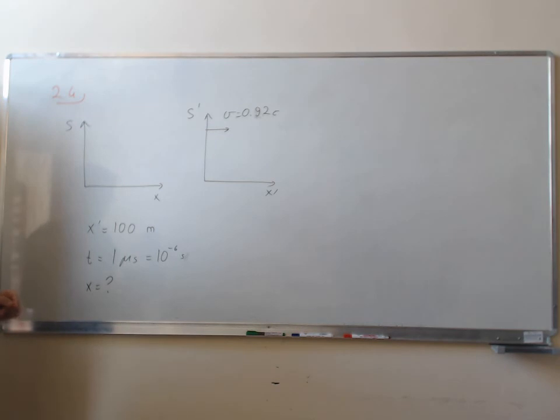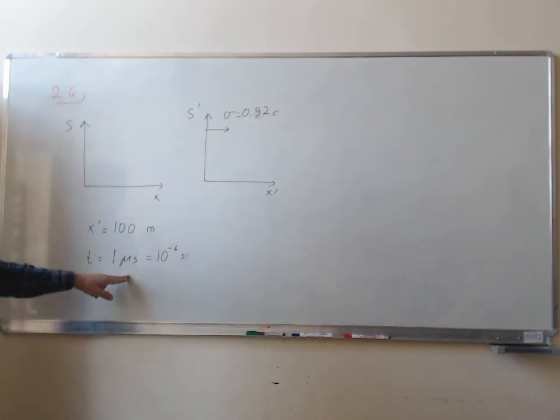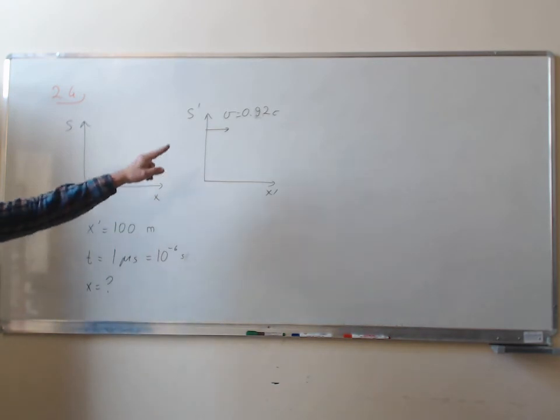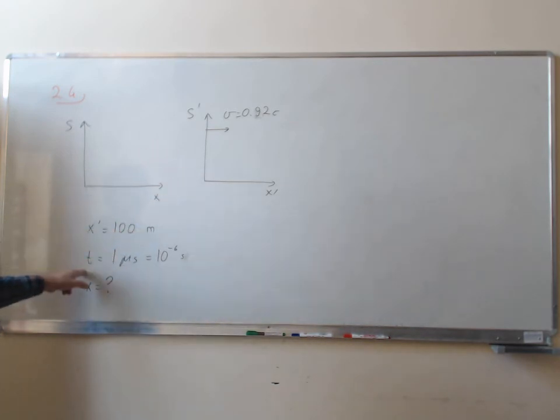Right? So in the Galilean transformations, if this was just Galilean physics, if the speed of light was infinite, or if we didn't know about Lorentz transformations, we would say that at t equals 0, this thing is at 100 meters. In 1 microsecond, it moves by this velocity times this t, and it will be 100 meters plus t times that velocity.